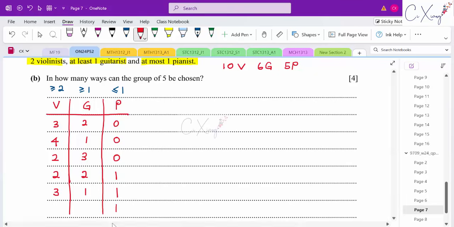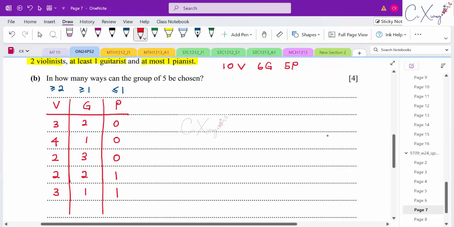If I have 1 pianist, I can make it 4, but then I cannot make the guitarists 0, so 4, 0, 1 is not a possible result that we want. After that, I cannot increase the number of pianists anymore, because the question says at most 1 pianist.